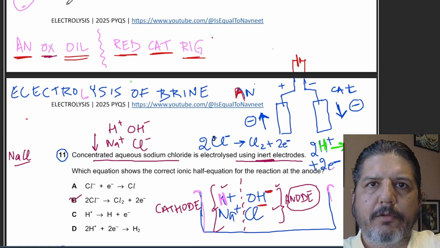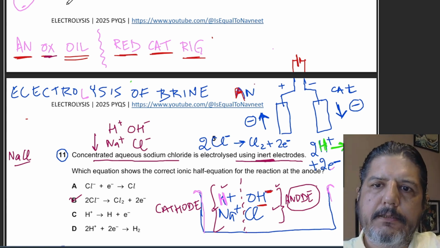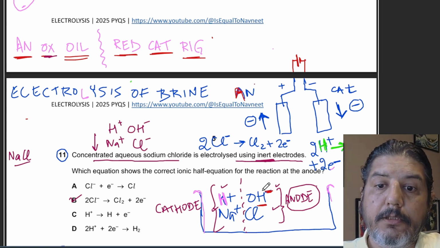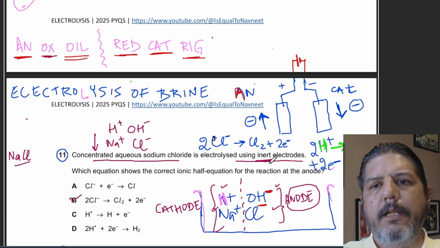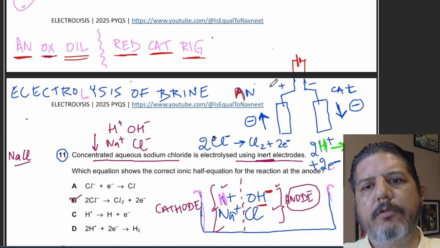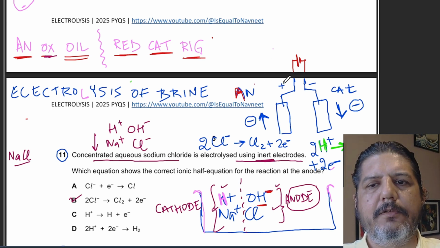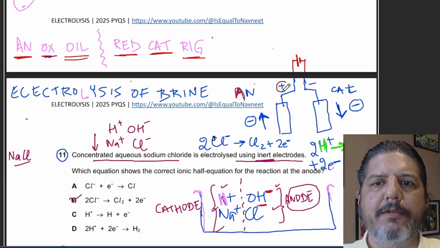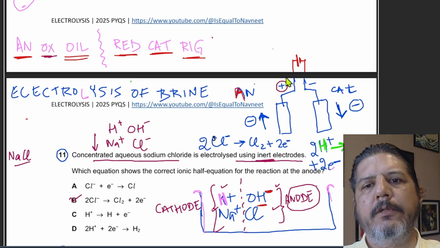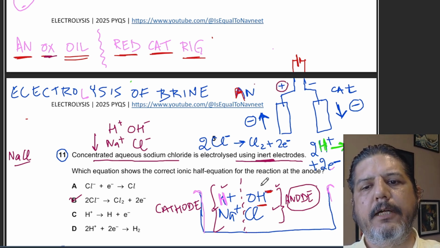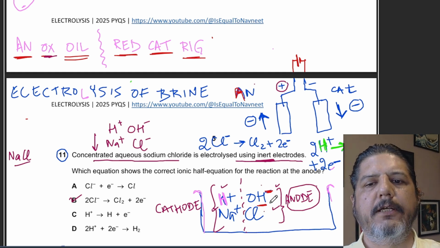Oxidation is loss of electrons. In this setup, the anode is the positive side. We have discussed earlier that it is always the left side of the setup. So these negative ions will rush towards the anode side.